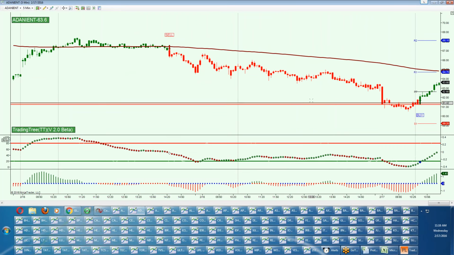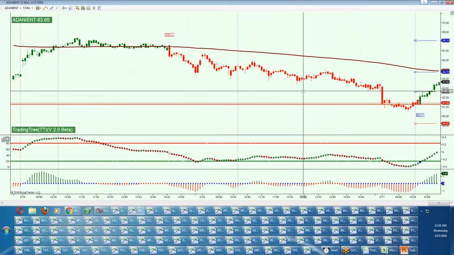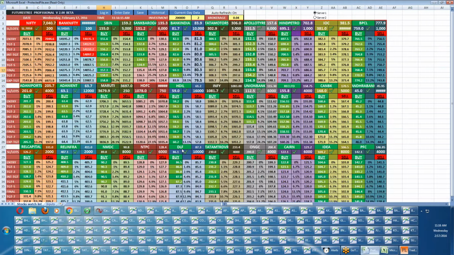So Adani Enterprises, that is your entry, PP. 6450 is a possibility for Adani Enterprises. So we already have a buy call here.